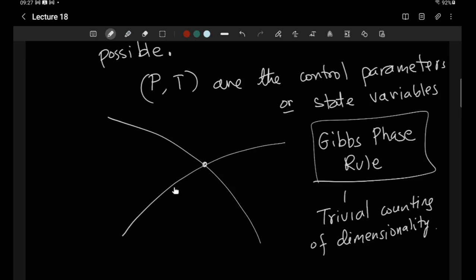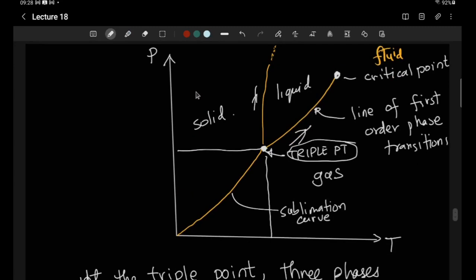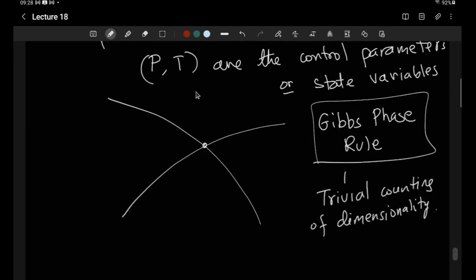Okay, so coming back to this, according to this you can have only two phases, and so please look this up.